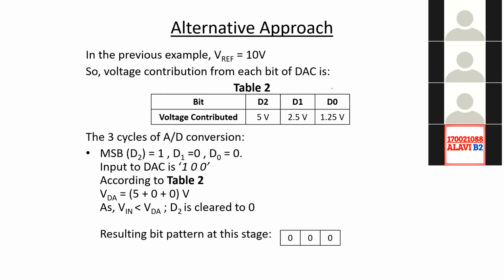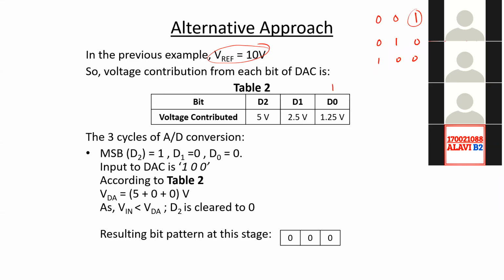So if I talk about D0, suppose for 001 where the contribution is from only the least significant bit, for a 10 volt reference, you can say that the DAC is going to be giving you 1.25 volts. For 010, it is going to give you 2.5 volts. For 100, 5 volts.